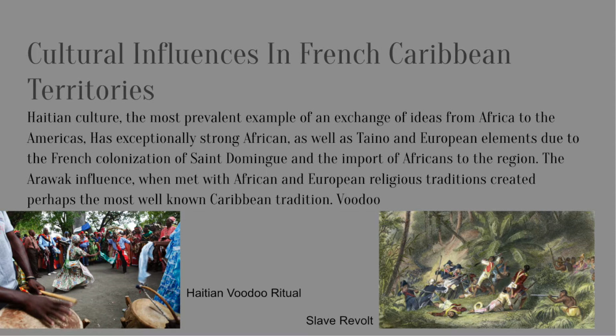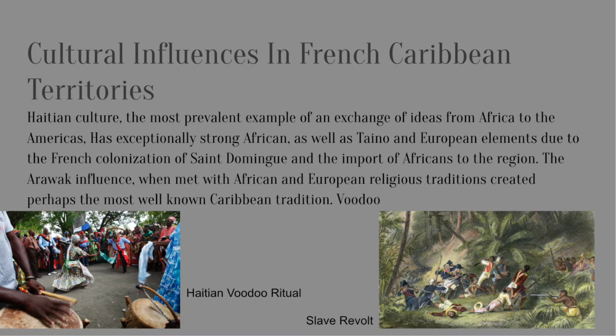A little bit about the cultural influences in French Caribbean territories. Haitian culture was the most prevalent example of an exchange of ideas from Africa to the Americas. The culture has exceptionally strong African as well as Taino and European elements due to the French colonization of Saint-Domingue and the import of Africans to the religion.